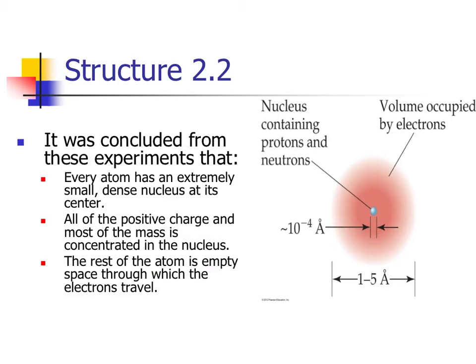So, big ideas. Every atom is extremely small. Okay, we got that. But it has a dense nucleus in the center. That is where the positive charge is, or that's where it's concentrated.